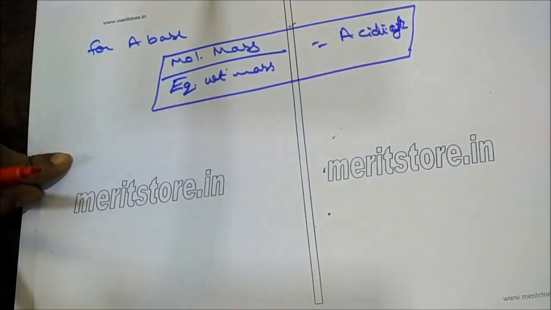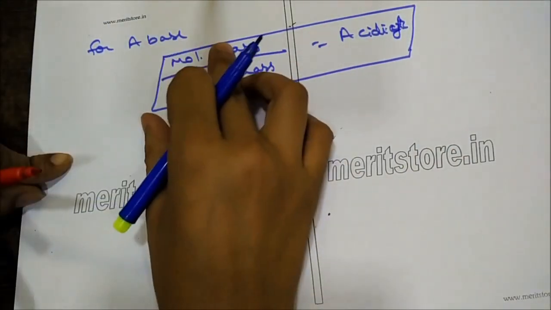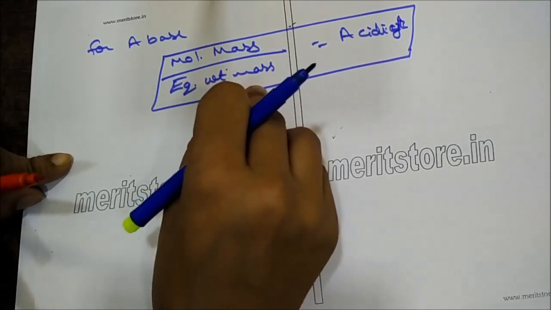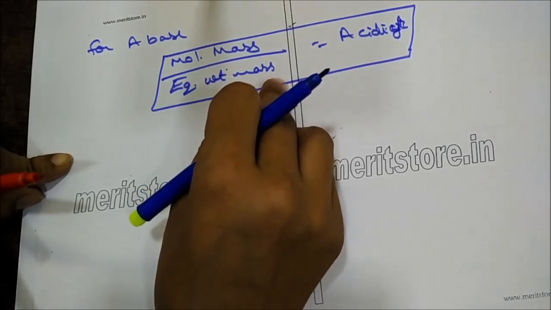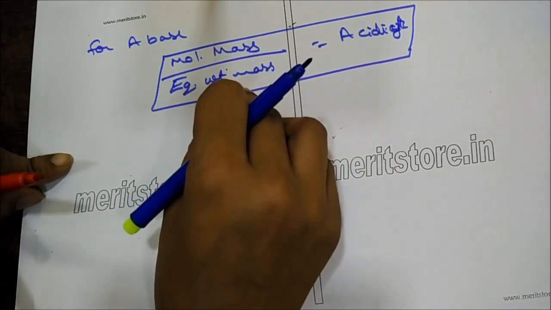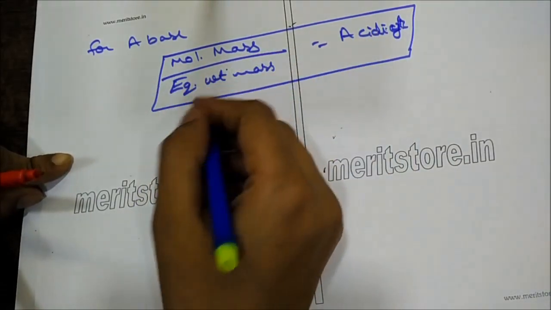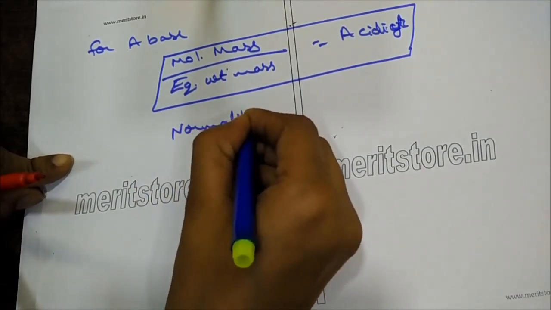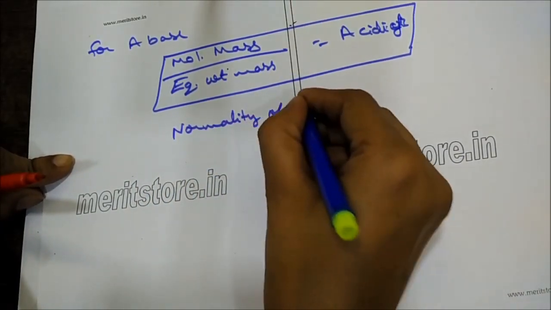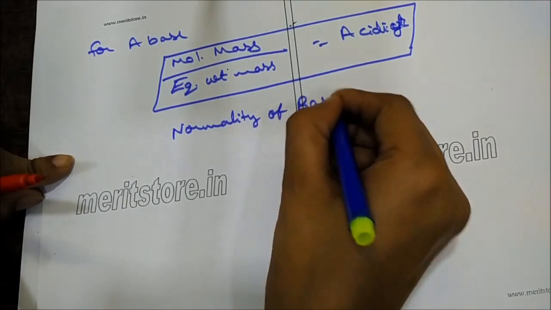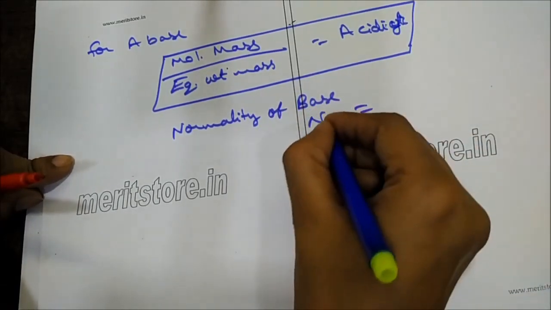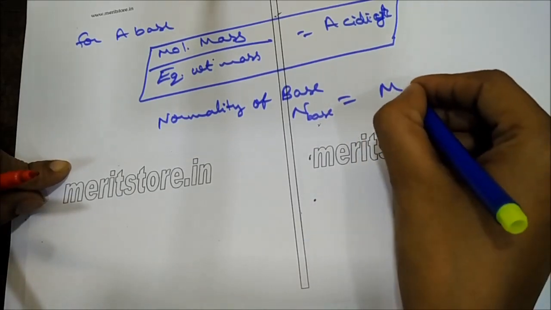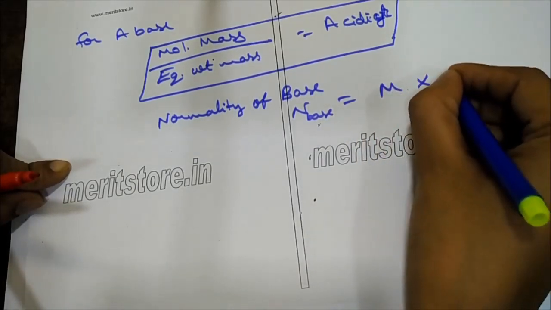Now putting the value of this molecular mass upon equivalent mass, it will become like this: normality of a base will be equal to molarity into acidity.